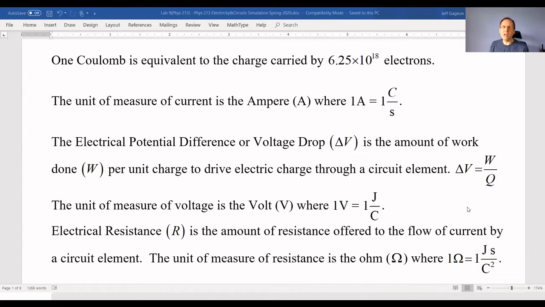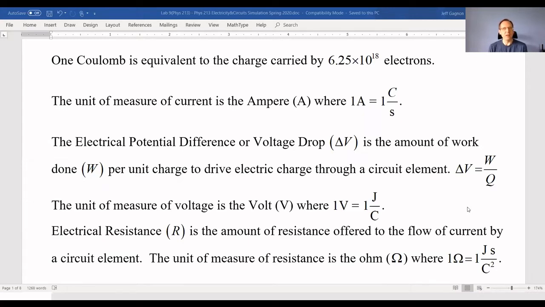And the unit of measure for the voltage that we use is going to be the volt. Okay, so we measure the voltage in volts. And the voltage source, if we were in an in-class lab, it'd be a battery. And this entire lab I'm going to do as a simulation. So we'll be able to simulate a battery. So just think of the voltage source as a battery, right?